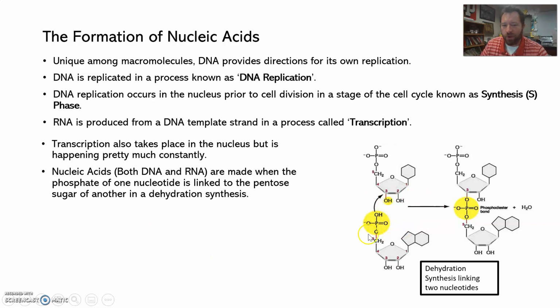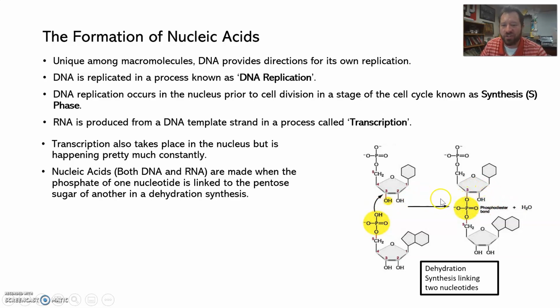And again, this is the part that hopefully is looking familiar to us. When the DNA nucleotides and RNA nucleotides link together, here's that sugar phosphate backbone. That phosphate is connecting with the sugar, and our good old friend water comes off. So here we have our dehydration synthesis. Does it start to look familiar? We saw dehydration synthesis when we were linking together glucose molecules to make carbohydrates.